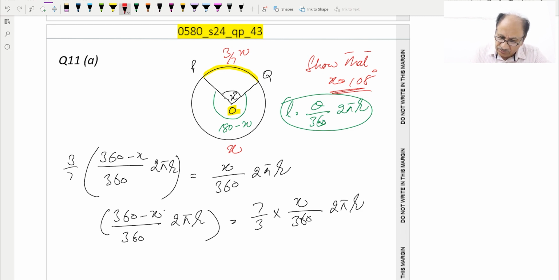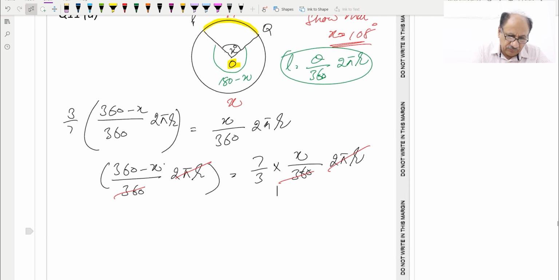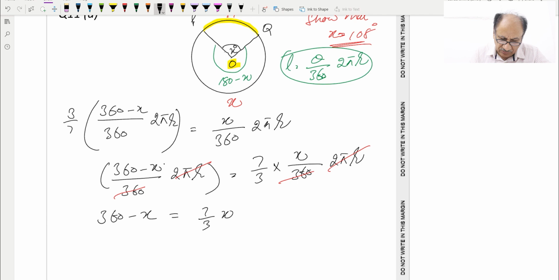Now we can cancel the 2 pi r with 2 pi r, and 360 with 360, and write the remaining. This will be 360 minus x is equal to 7 by 3 x, and this one we can simplify.